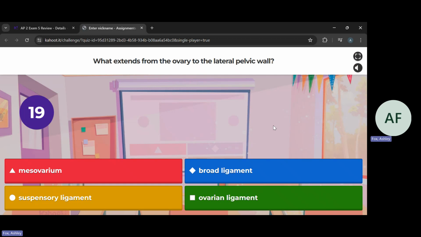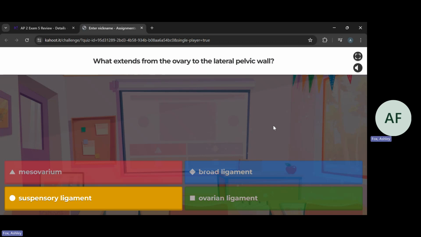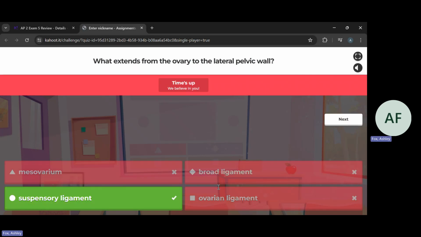What extends from the ovary to the lateral pelvic wall? That's the suspensory ligament.